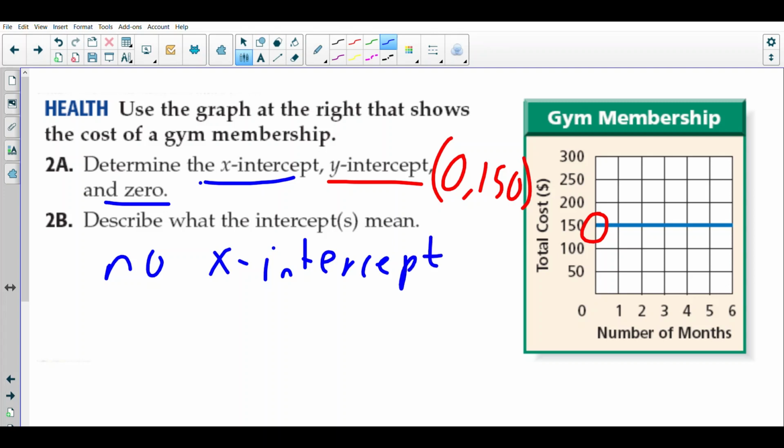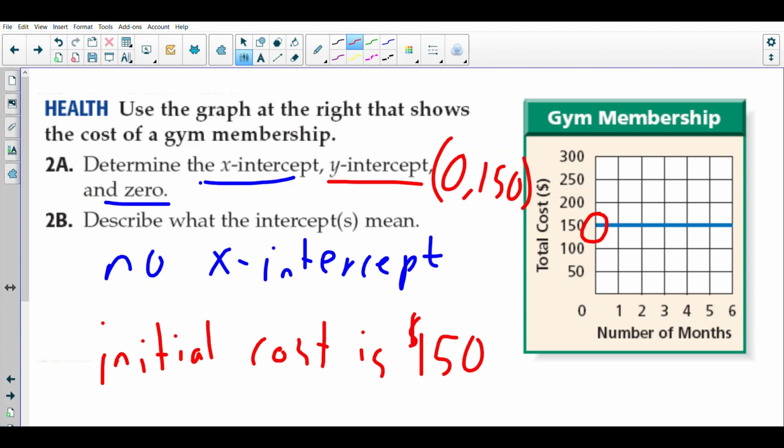So if we realize what the y-intercept is saying to us, then we can look and say, well, at 0 months and paying $150, so that tells us the initial cost is $150. And the rest of the graph just tells us that the monthly cost doesn't change. It's just every month you pay $150. So it's a constant rate. It's a flat rate. You might have heard of those before.